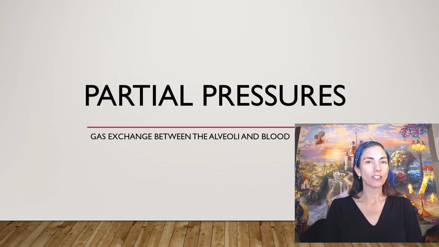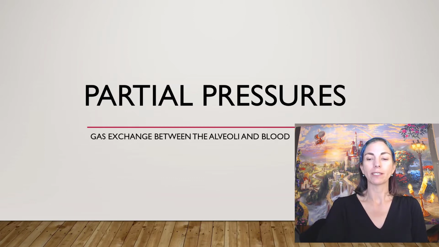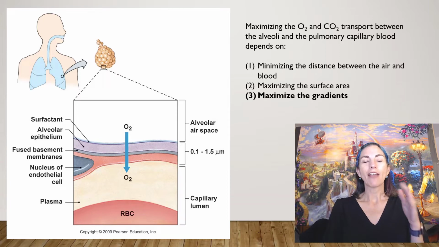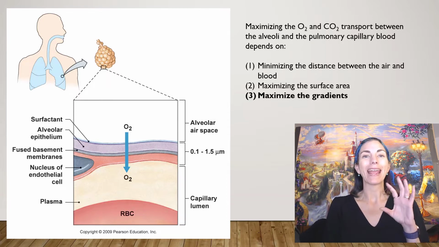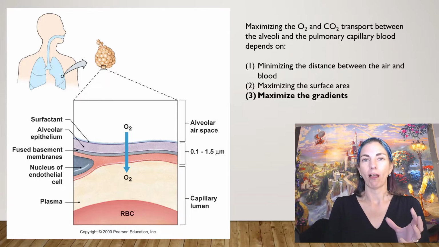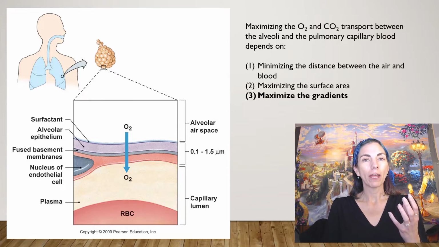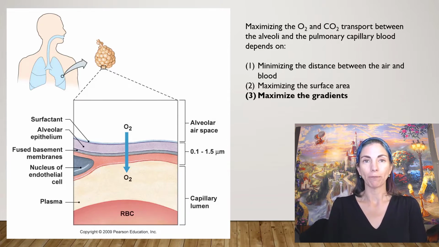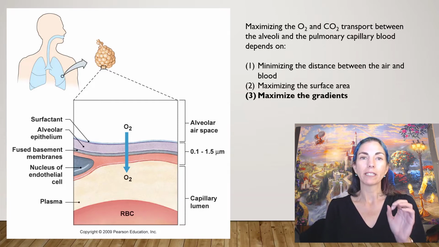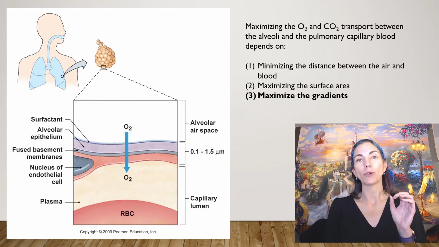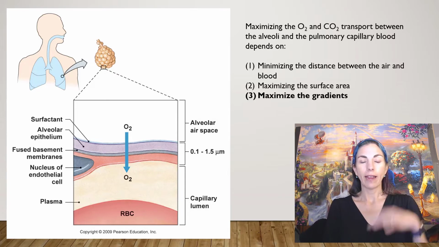But before we start our dive into the discussion of partial pressures, I first want to talk about some anatomical designs in the lungs that help make sure that we get as much gas exchange as possible. So our goal is going to be to exchange as much CO2 and O2 between the air and my blood as possible.